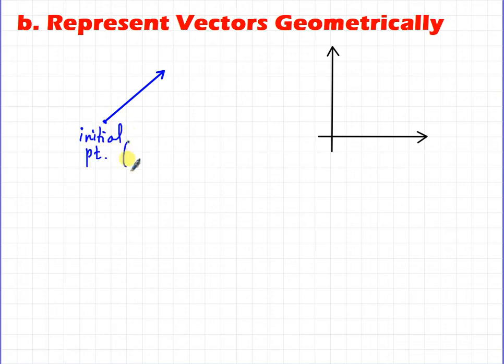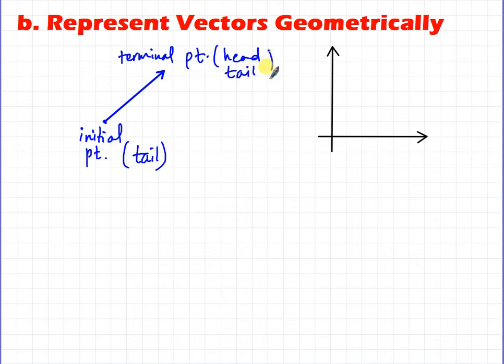And it is also called the tail of this arrow. And here the tip of the arrow is called the terminal point, where this arrow ends or stops. It is also called the head.